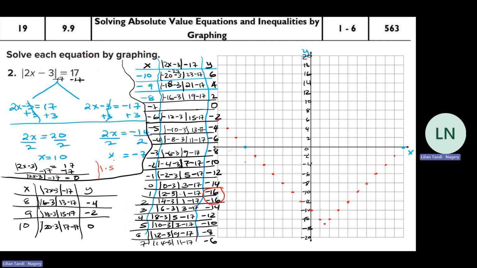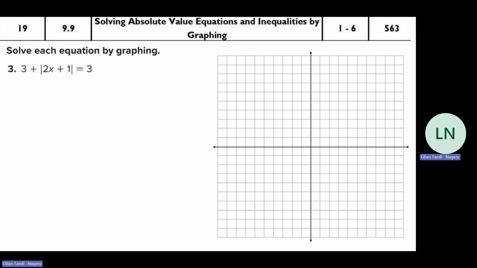So I'm going to use 1.5 for my x, so that will be 3. Then 3 minus 3 will be 0, and then 0 minus 17 will be negative 17. So that's why, and then I put it over there. So there makes my V. Okay? And then I continue like that. Okay. All right, let's move on.